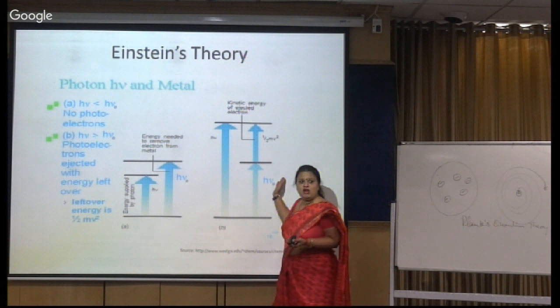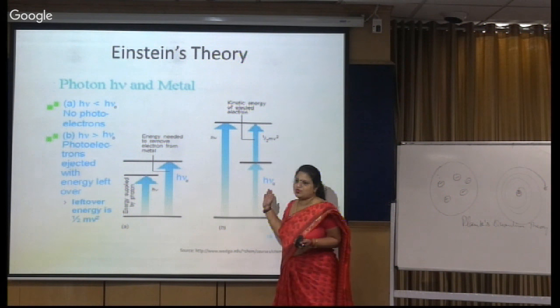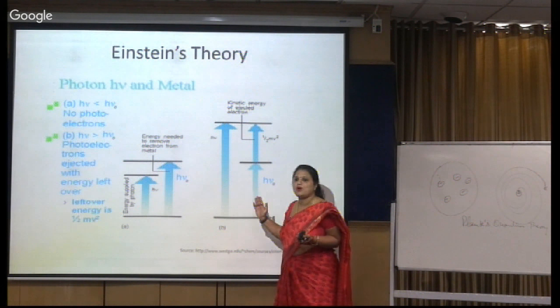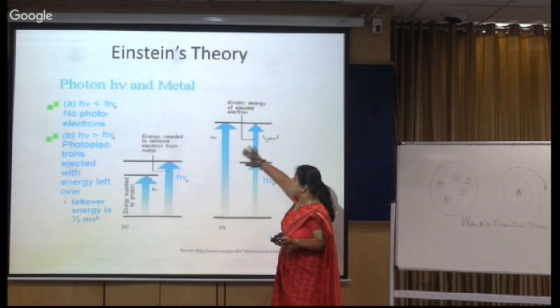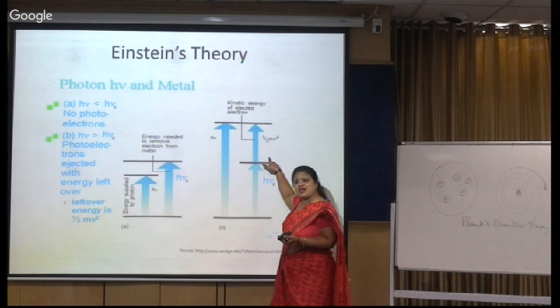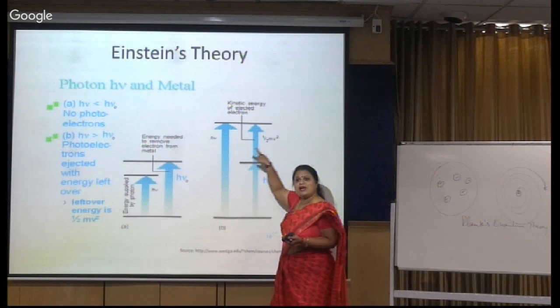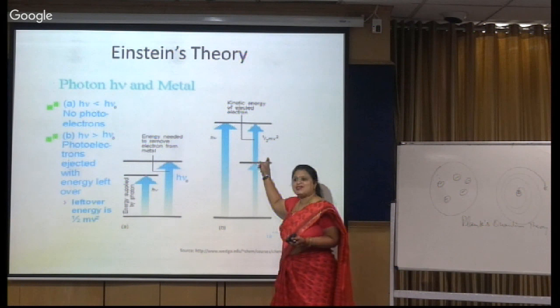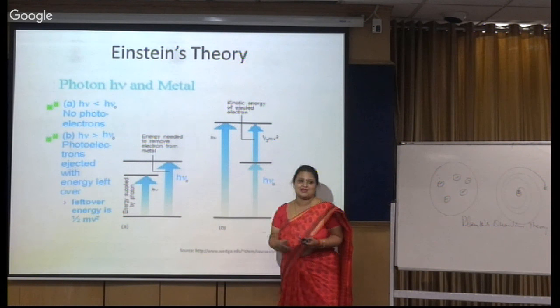Now, as we all know, energy can neither be created nor destroyed. It can be converted from one form to another. So the remaining portion of this incident radiation is given to the electrons that are being emitted and gets converted into the kinetic energy of the electrons being ejected.